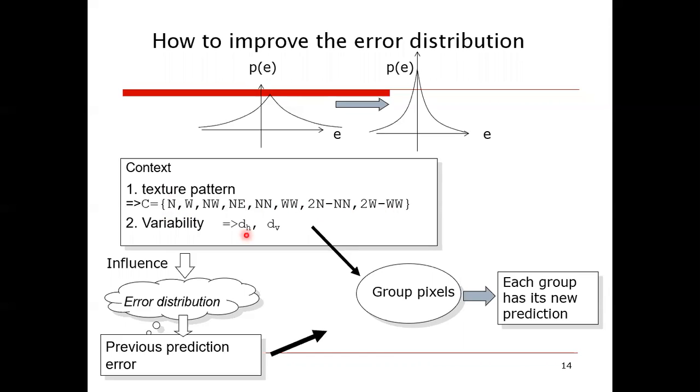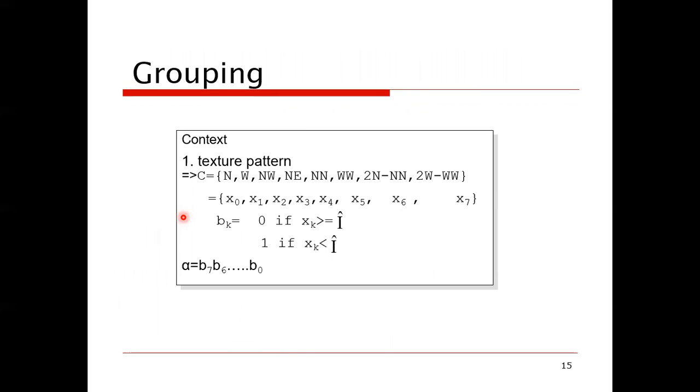First you will create a context by taking all these pixels. We will first create the vector values, denoted as x0, x1, x2, x3, x4, x5, x6 and x7.